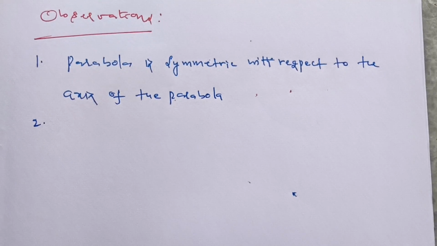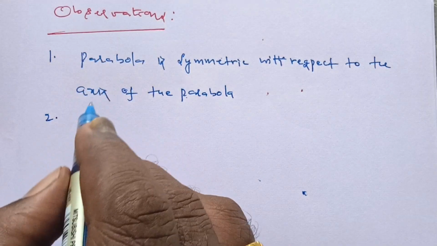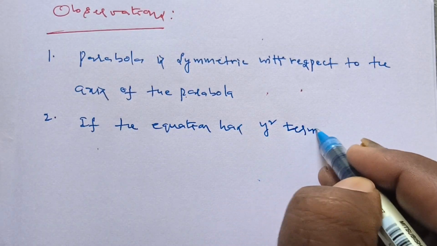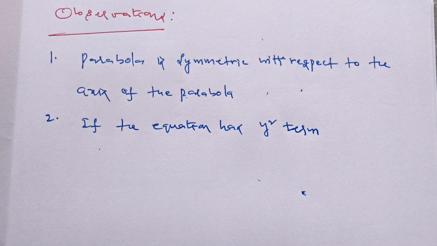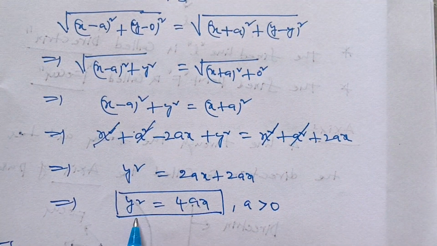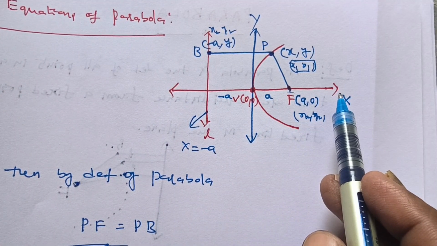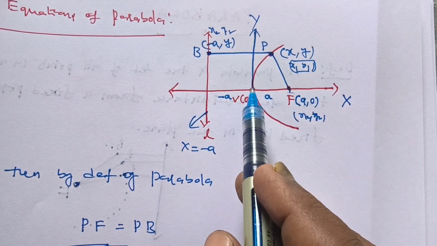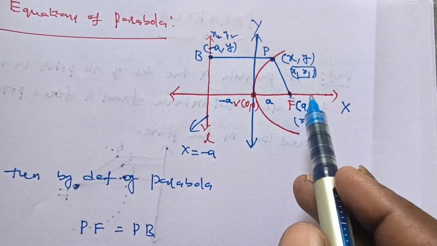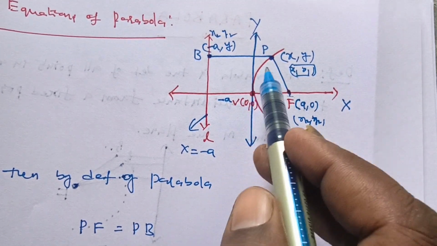Second point: if the equation has a y square term, then the axis of parabola is the x-axis and it is symmetric about the x-axis. Symmetric means the x-axis divides the parabolic curve into two equal parts.